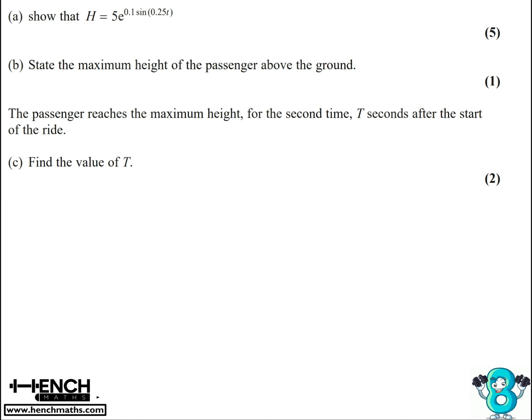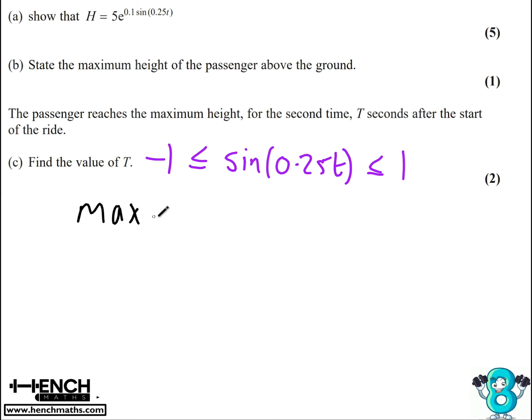Question 10b asks us to state the maximum height of the passenger above the ground. So we've got this function. What we need to realize here is that this sine aspect, sine of 0.25t, could be sine of any angle. The maximum that a sine function could be is 1, and the minimum is -1. And that means that to make your h as large as possible, so the max height, that will occur when the sine function is 1.